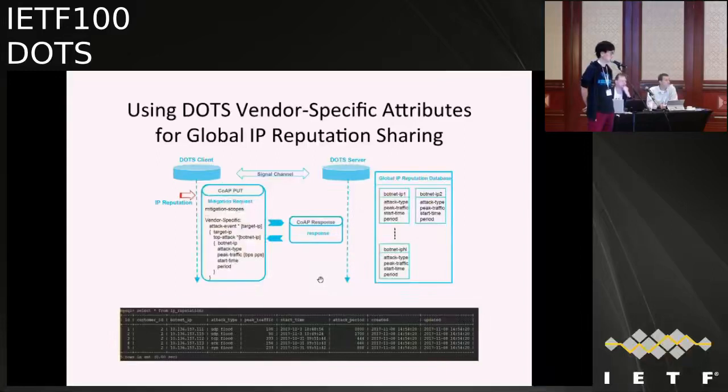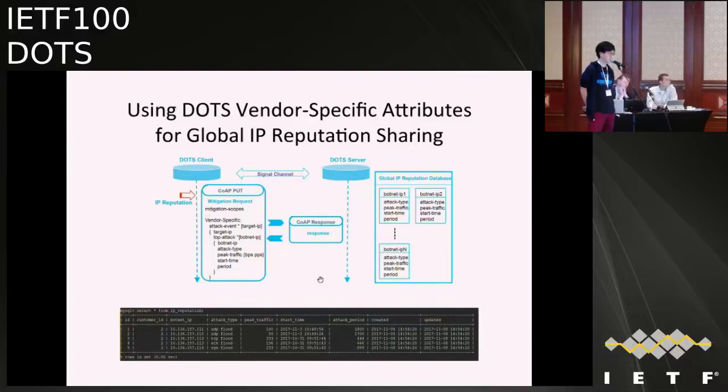In addition to these existing protocol features, we are also very interested in whether DOTS protocols can be extended for vendor-specific use. So we used this chance to add more attributes to the vendor-specific attributes of the DOTS signaling messages, and we tested two features. One is what we call the global IP reputation sharing function.